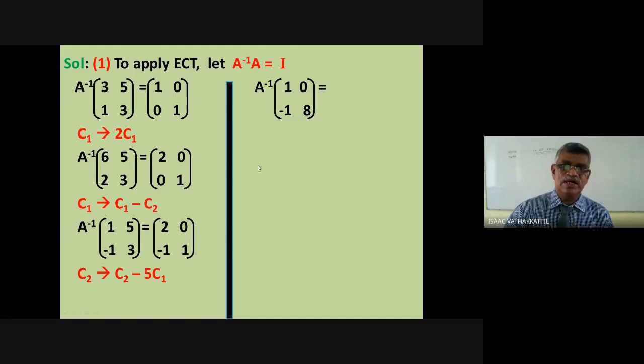So 1 minus 1, 0, and 8. What will be the right side? 2 minus 1 as it is. 0 minus 10, that is minus 10. 1 minus minus 5, that will be 6. C2 changed to C2 minus 5C1.